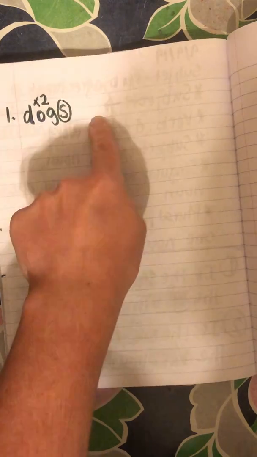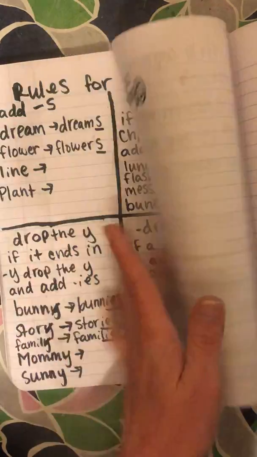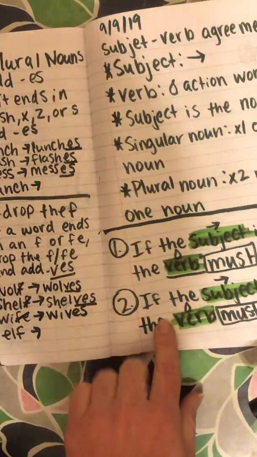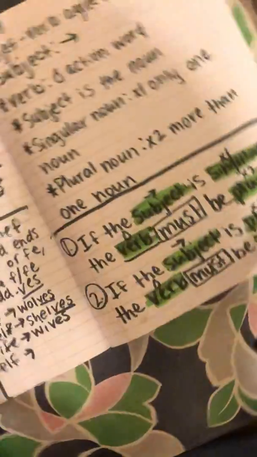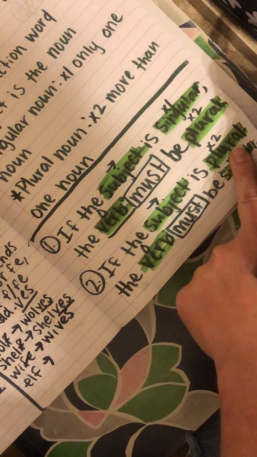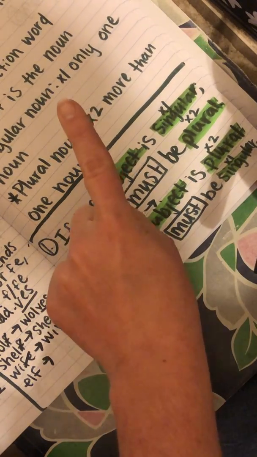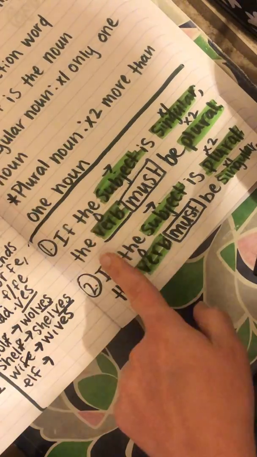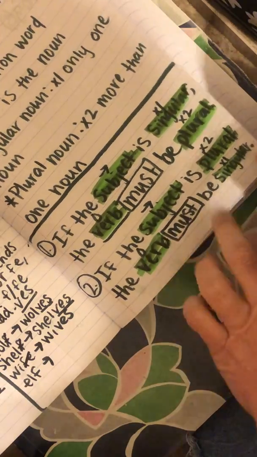Whatever verb comes next, if the subject is plural, according to our rule, the verb must be singular, meaning only one, meaning no S, nothing at the end to say that there's more than one. If the subject is plural, the verb must be singular.